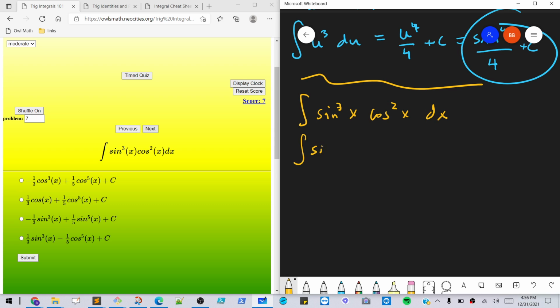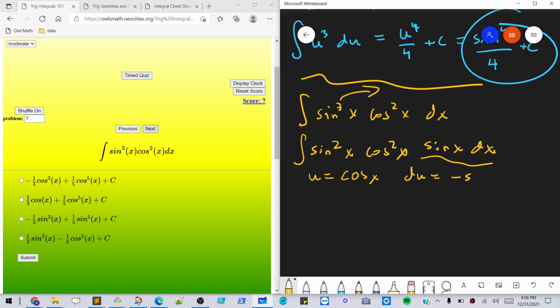Let's rewrite this as sine squared x cosine squared x, and I'm going to pull one sine out. I put it over here for convenience because I want that to be my du. Therefore I want u to be equal to cosine of x. du is going to be negative sine x dx, so I'll throw a negative in there.